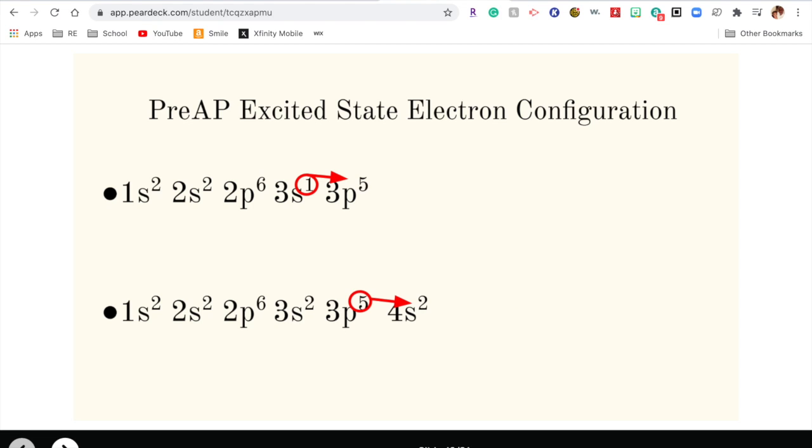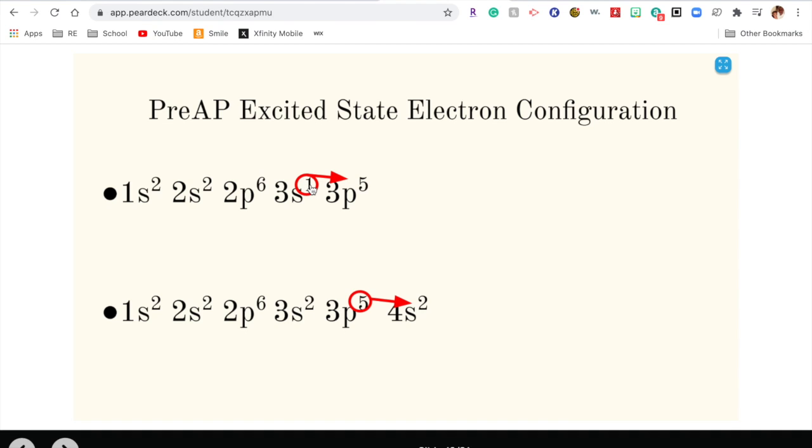Okay, so now we're going to move on to seeing excited state in an electron configuration. So when you see excited state in an electron configuration, you're going to notice this normal electron configuration would be 1s2, 2s2, 2p6, and then this would be 3s. Instead of this being a 1, this would be a 2.